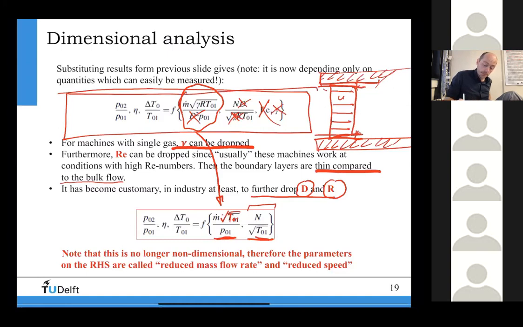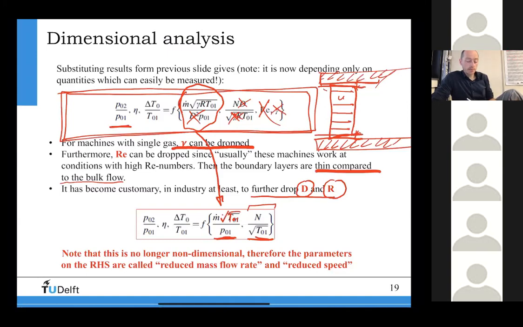Okay, this is important. So if you say you would like to have a machine with a 1 meter diameter, or let's say you have a machine and you know everything about it, you know its diameter is 1 meter, you know it has a certain rotational speed, and because of that, it will reach a certain pressure ratio.